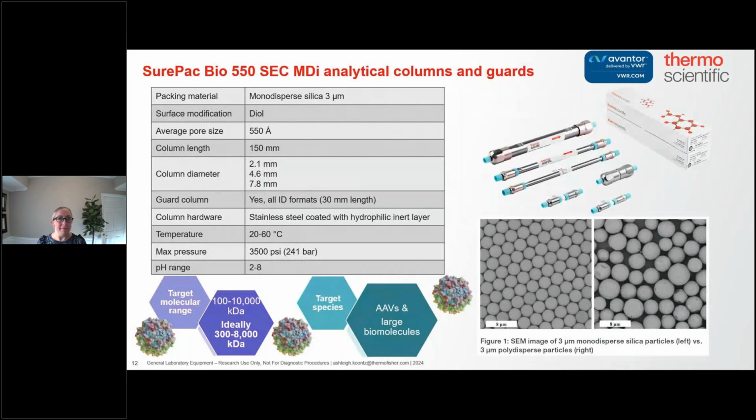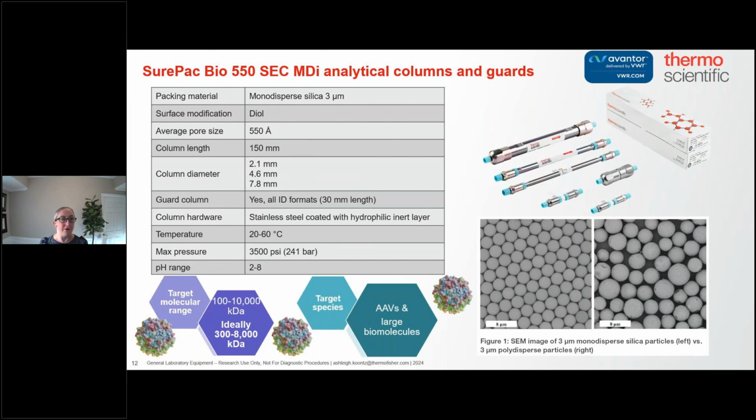So here are some attributes that we have for our new product line. This is monodisperse 3-micron silica, as you can see in the additional SEM images. A very common manufacturing approach in the past for chromatography media is this Gaussian distribution of particle size, and then sizing to the particle size you want to get to.